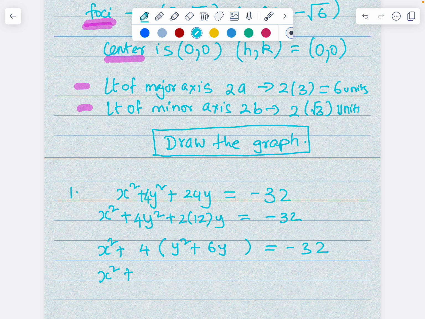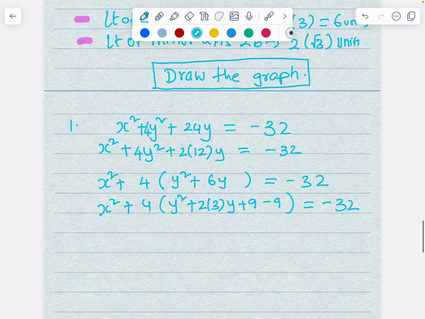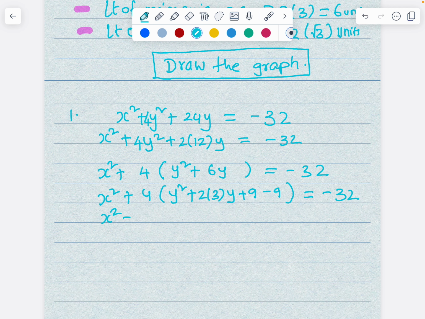So let's solve for inside, completing the squares. It's 2 times 3y. So therefore plus 9 and then minus 9 inside of the bracket. Okay, do everything inside of the bracket and then take it out. So this is going to be x square plus 4 times y plus 3 the whole square, and then you have the minus 9 is equal to minus 32.